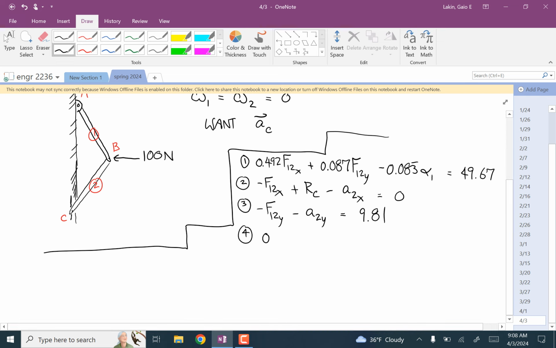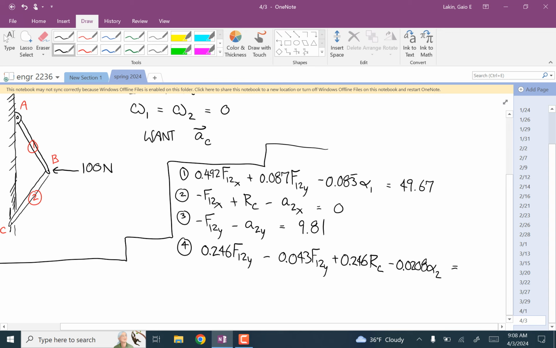Equation 4 says 0.246 F12y minus 0.043 F12y plus 0.246 RC minus 0.0208 alpha 2 is equal to 0.